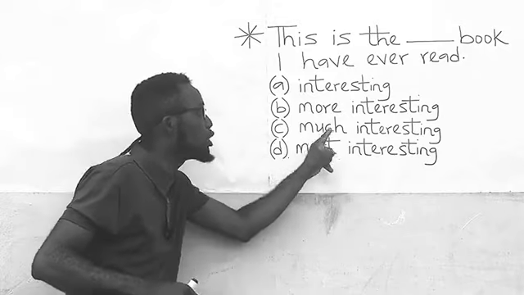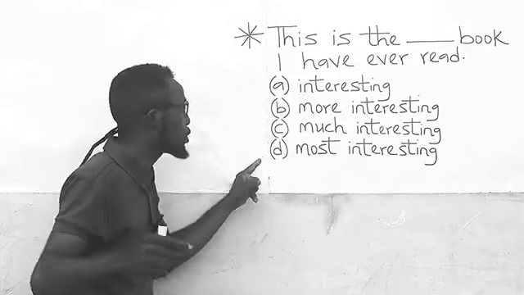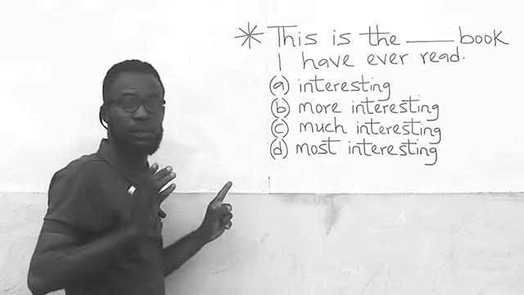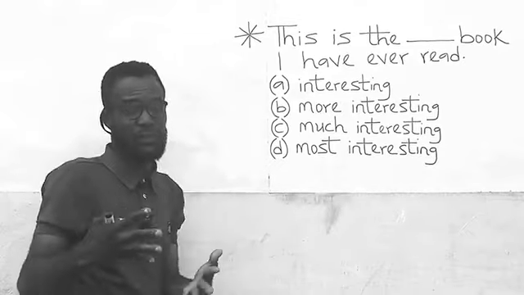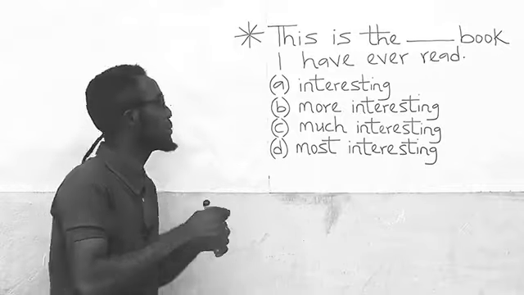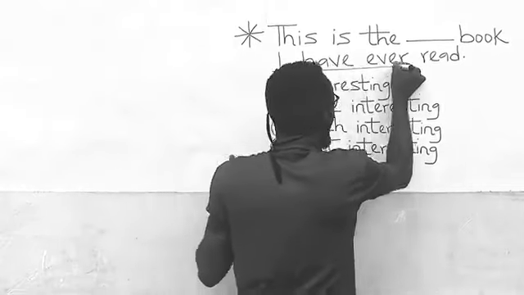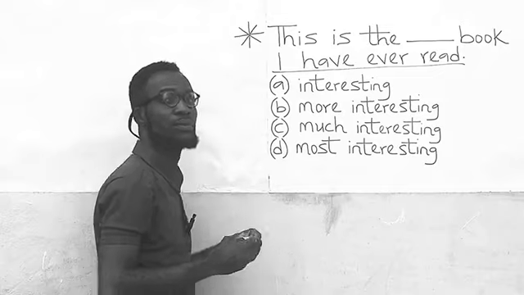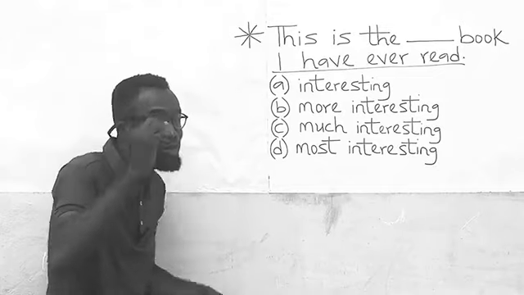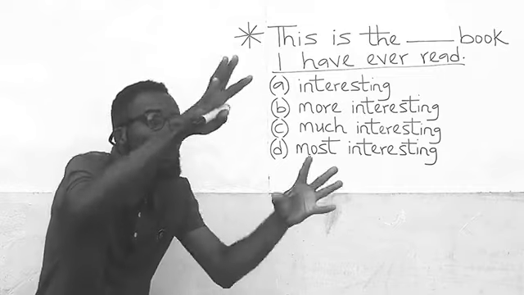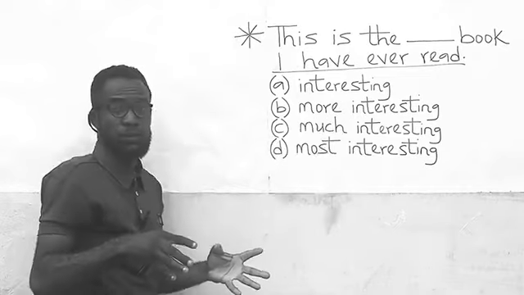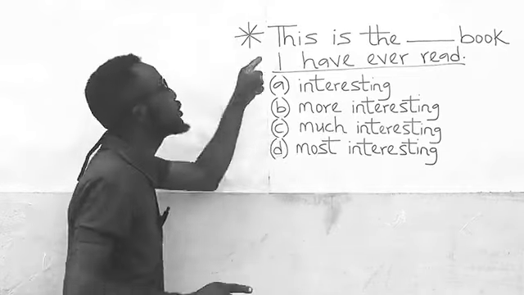Option C, much interesting. And option D, most interesting. If you look at the question, you will find out that it contains the phrase, I have ever read. In case you don't know, I have ever read means that you are comparing all the books you have read so far, including this one.